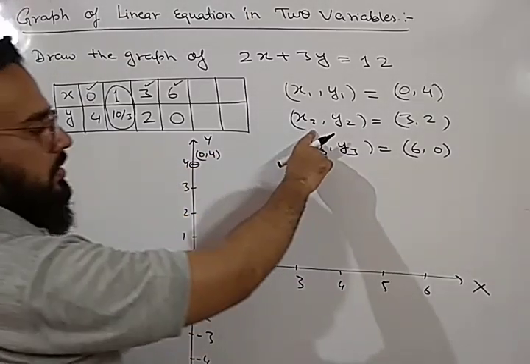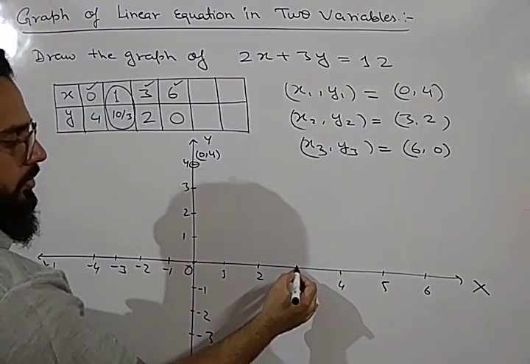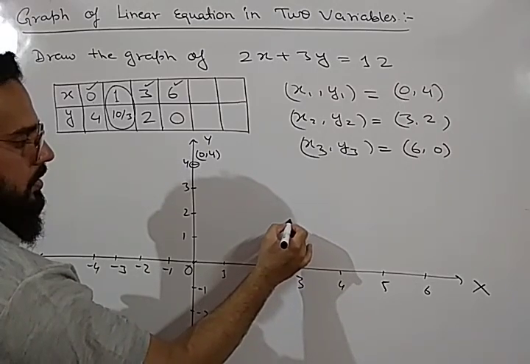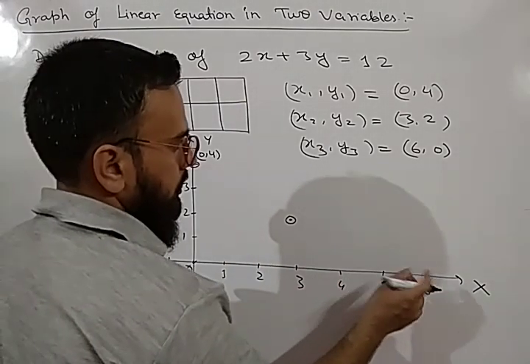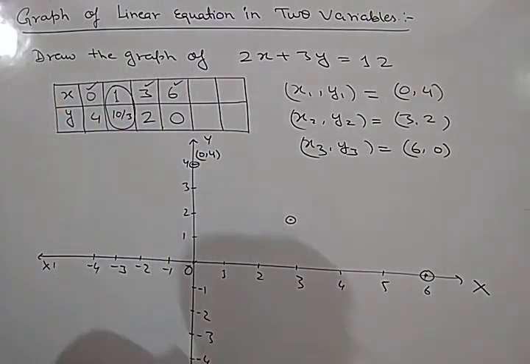Second ordered pair is x2 comma y2, which is 3 comma 2. It means x is equal to 3 and y is equal to 2. This is 3 comma 2. Then the next ordered pair is 6 comma 0. So x equal to 6 and y equal to 0. It means this will be our point. Okay.